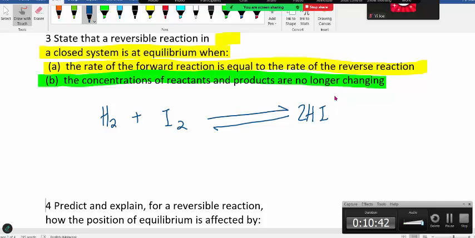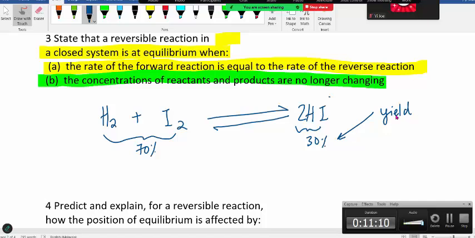If this reaction is at 30%, the other is at 70%. Okay? So the percentage of a product is called the yield.